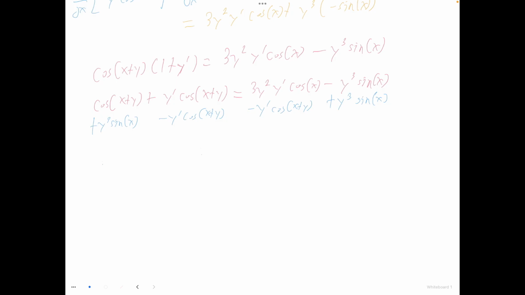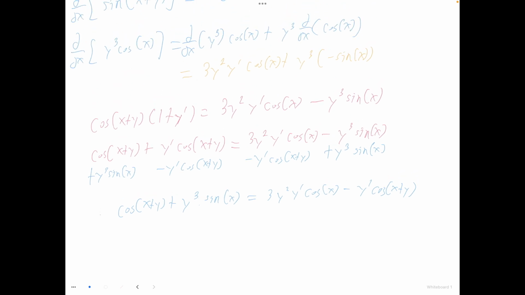And so doing this on the left-hand side, we're going to have cosine of (x plus y) plus y cubed sine of x. And this is equal to, on the other side, 3y squared y prime cosine of x minus y prime cosine of (x plus y).